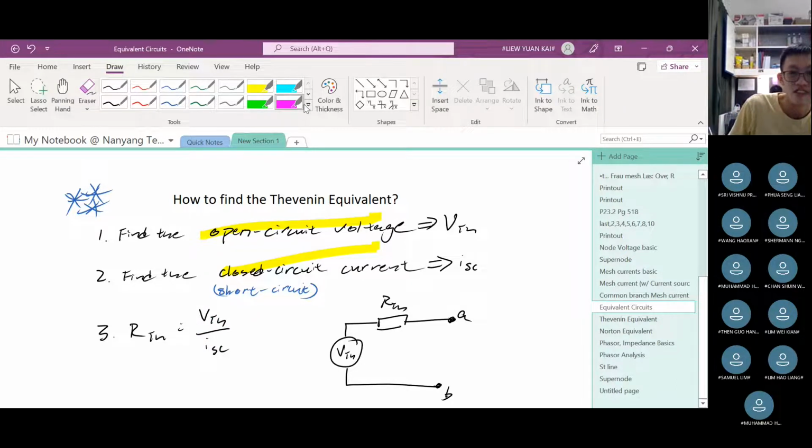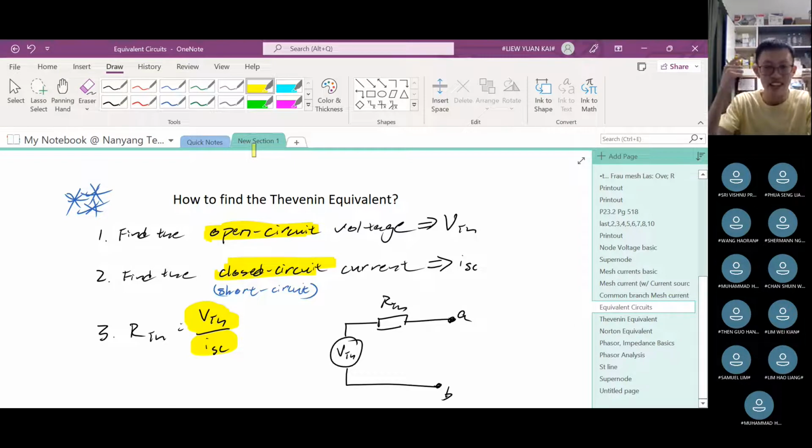Then when you draw your circuit, make sure the resistor is in series with the voltage source. Never mind if this doesn't make sense first. I just want you to remember the steps. Open circuit voltage, short circuit current, then the first answer divided by the second answer. Keep this in your mind and keep this with you until your finals, because this is essentially it.